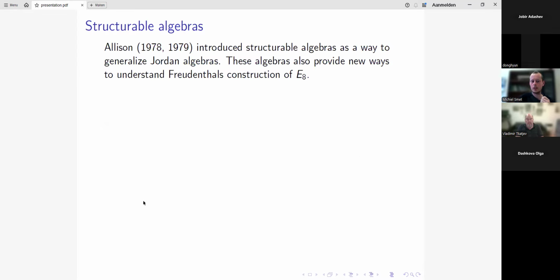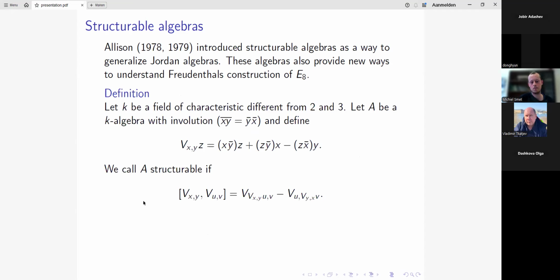Structurable algebras were introduced by Allison as a way to generalize Jordan algebras, and more specifically, the Tits-Kantor-Koecher construction for Jordan algebras. And as I said, these also provide new ways to understand Freudenthal's construction of these Lie algebras E7 and E8. The definition only works over fields of characteristic different from 2 and 3. You could try to define this more generally, but I won't.